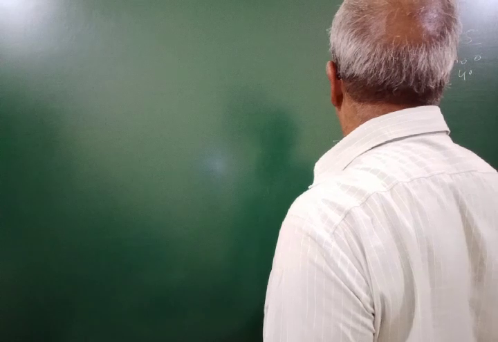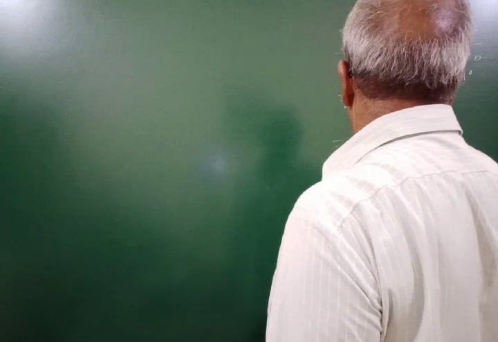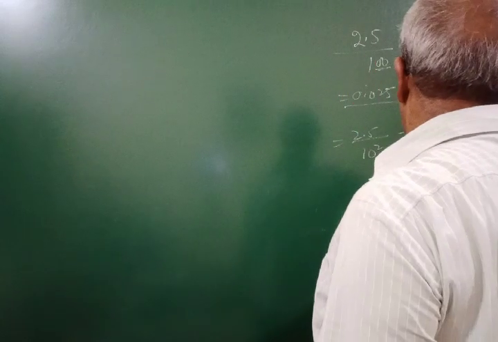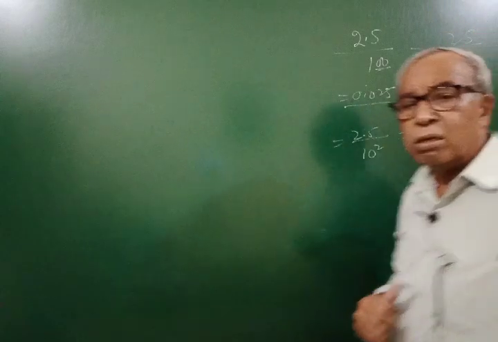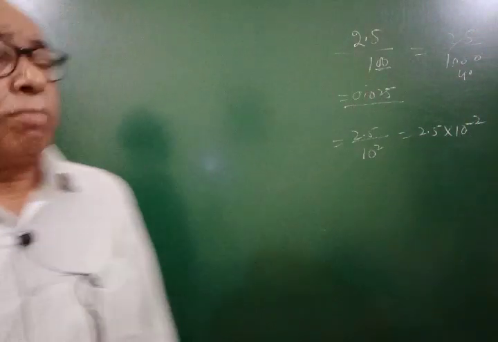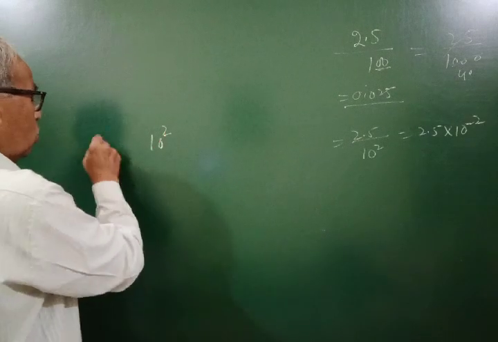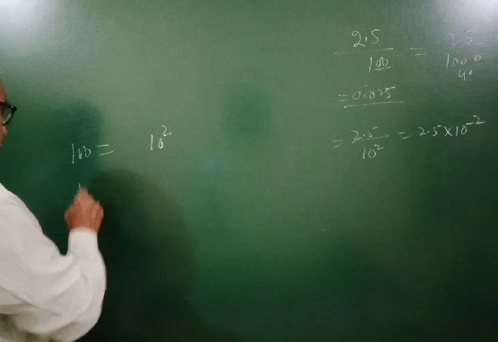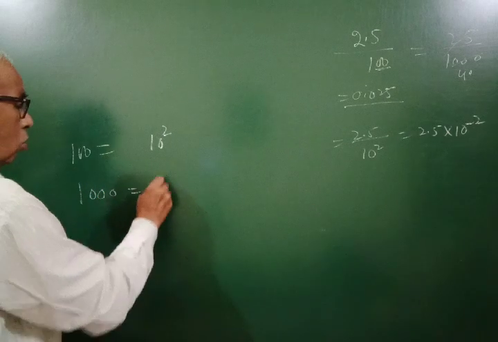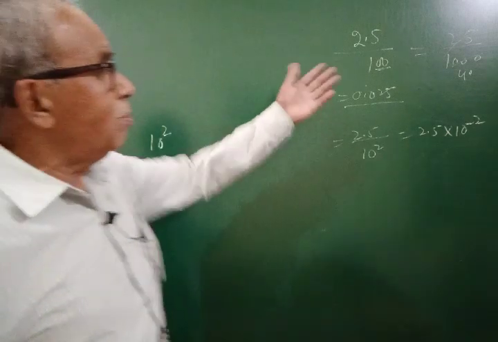So it is equal to 0.025. Simple. Or this is also not necessary. 2.5 upon 100. Write 100 as 10 to the power 2. So it is 2.5 into 10 to the power minus 2. Please learn these tricks. This is very important. Children, write 100 as 10 to the power 2, and 1000 as 10 to the power 3. So there is no need to put the decimal and other things.